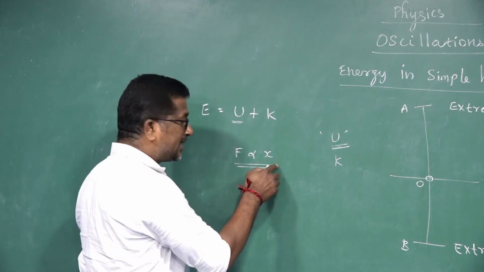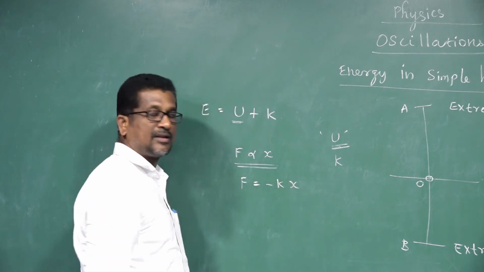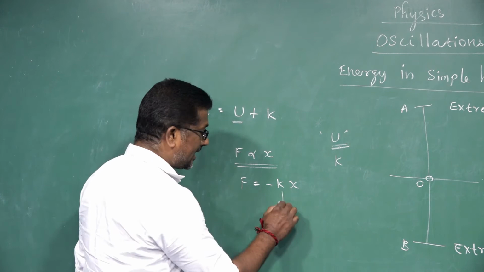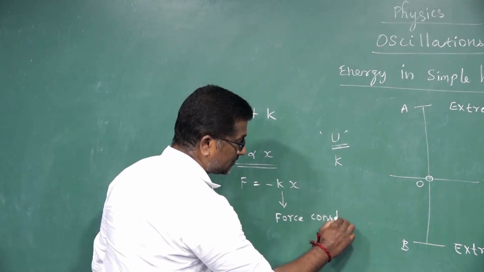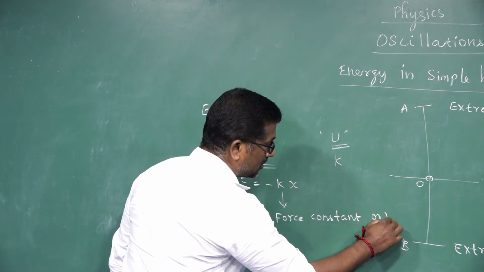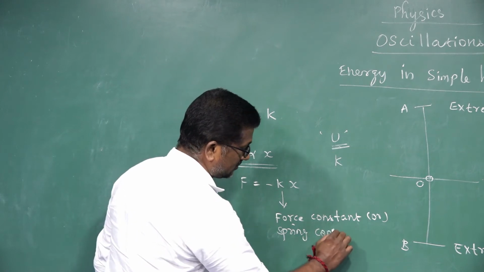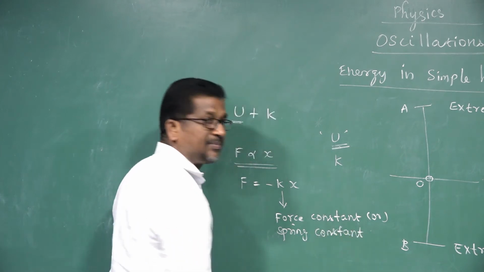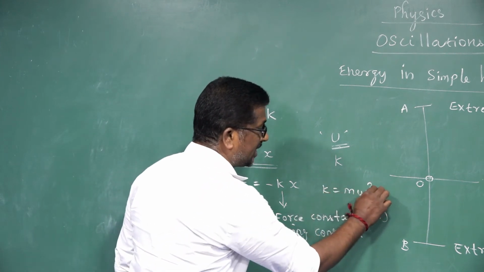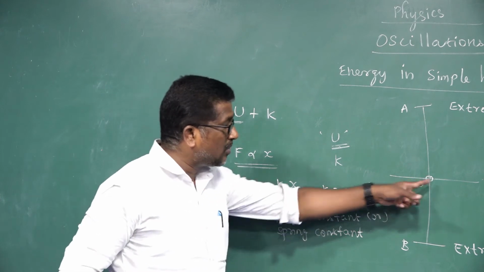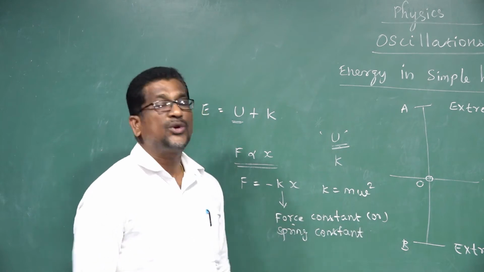So F is proportional to x, or F is equal to minus k into x. Here k is the force constant or spring constant, and it is given by m omega square, where m is the mass of the particle and omega is the angular frequency of the particle.